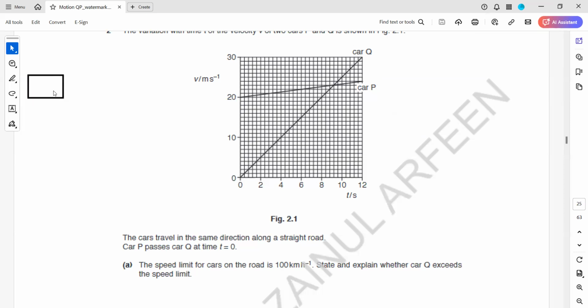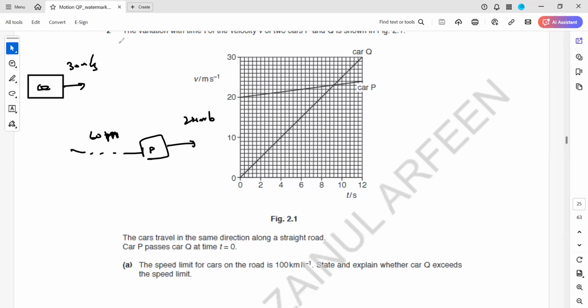Say car Q was moving at 30 meters per second and car P at 24 meters per second. P is ahead of Q, and Q will overtake; the distance between them is, for example, 60 meters. We want to find how much time Q will take to overtake P.